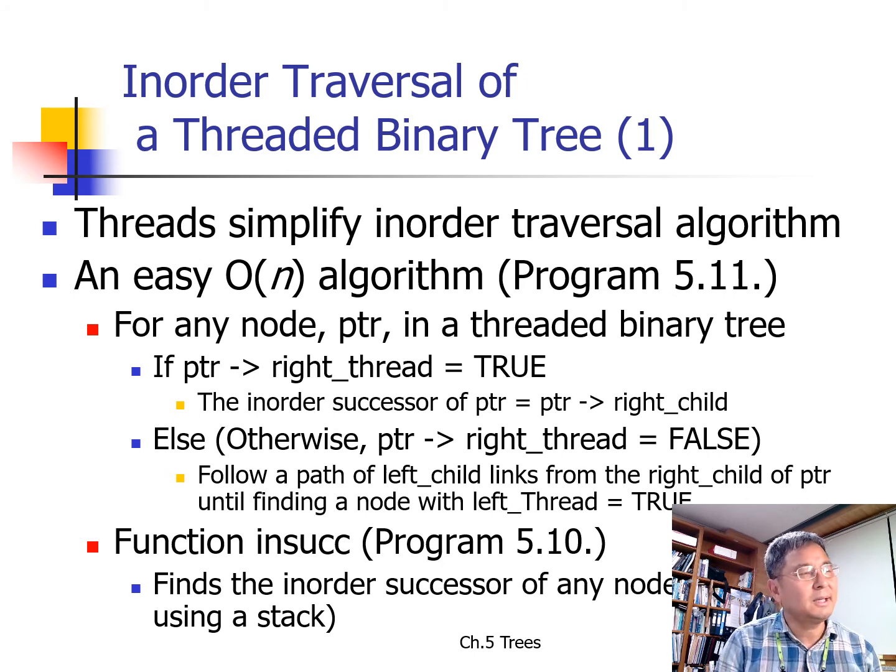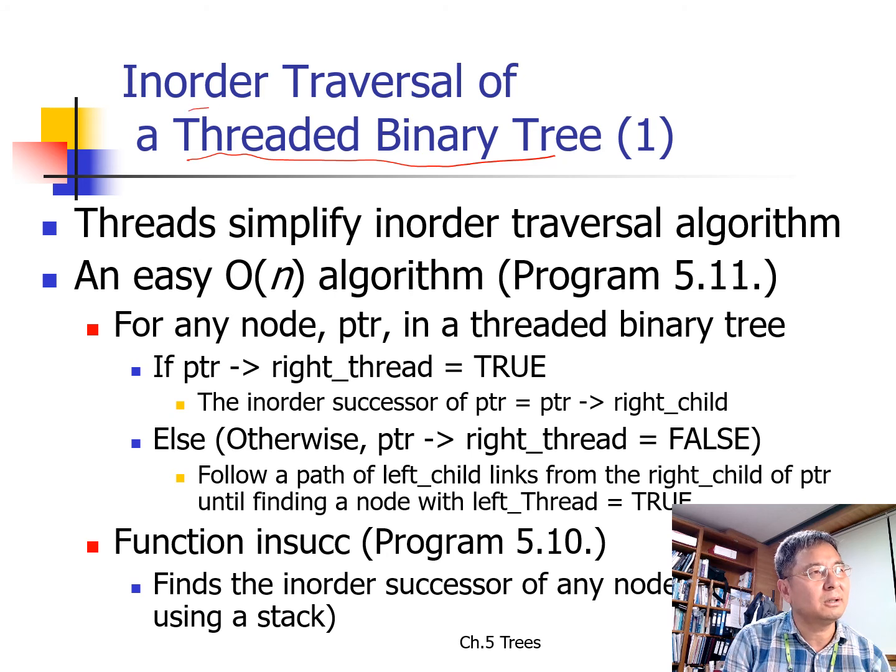Okay, so here is in-order traversal of a threaded binary tree. If we have a threaded binary tree, how can it follow in-order traversal? If the right thread flag field is true, then the successor, that means the next node of the current node, is found by following the right child link field.